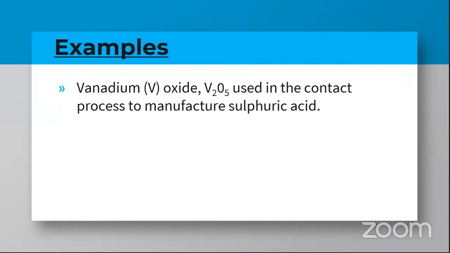For the contact process, I believe it's simply the manufacture of sulfuric acid from sulfur dioxide and oxygen, and vanadium pentoxide. Okay, thank you, Deborah. So when we talk of the contact process, that is the industrial manufacture of sulfuric acid.